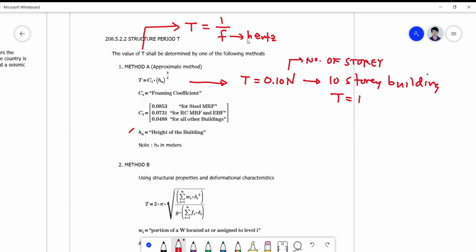So you have F as your frequency of vibration. If in terms of radians per second, your F is simply equal to 2 pi over omega. So that is simply in terms of radians per second.